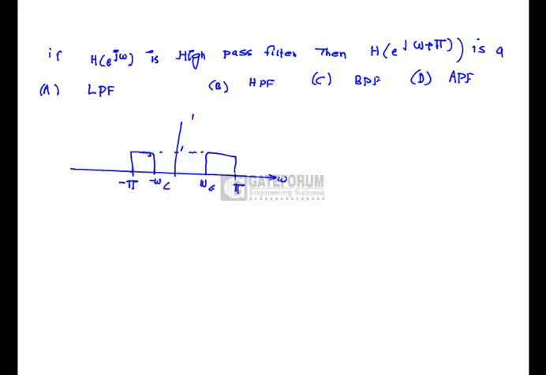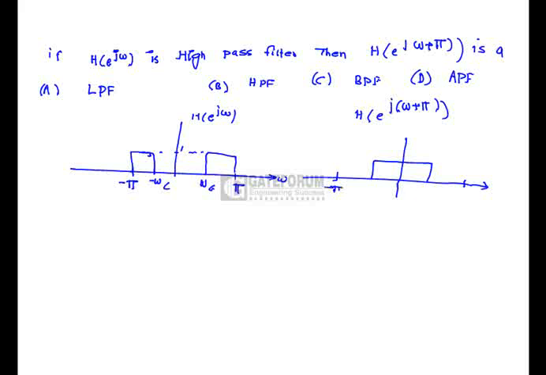Suppose this is H of e power j omega. H of e power j omega plus pi means you are shifting to the left by pi, so you are going to get this one. So it acts as a low pass filter, that is option A is correct.